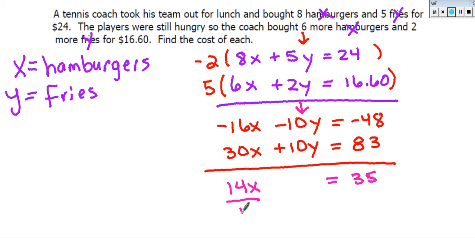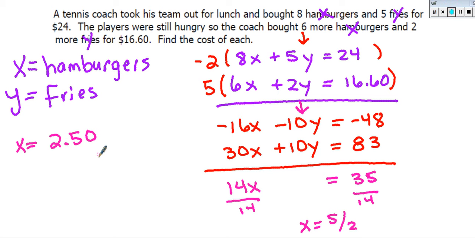Now we divide by 14 here, and we notice this doesn't work out very evenly because we get a fraction. We get the fraction 5 divided by 2. Well, that's kind of a weird value. We're talking about the cost of a hamburger, but if you just simplify that, 5 divided by 2 is really 2.5, and in money terms, that's $2.50. So that means one hamburger costs $2.50.